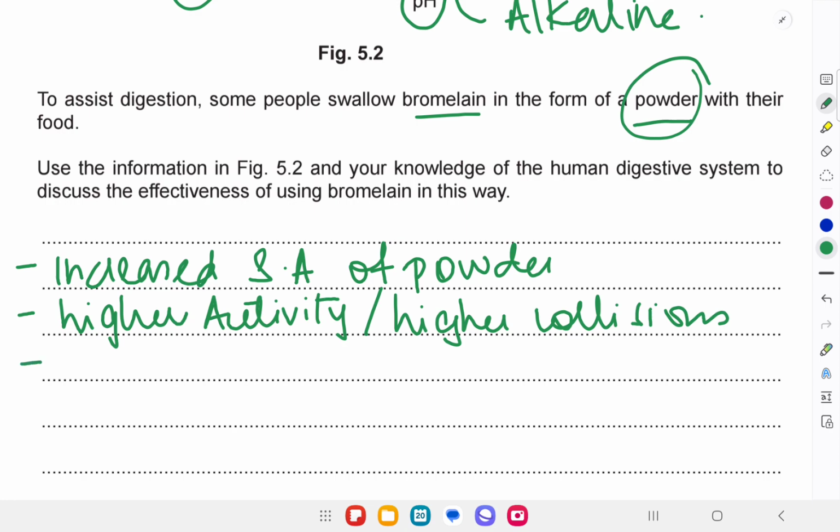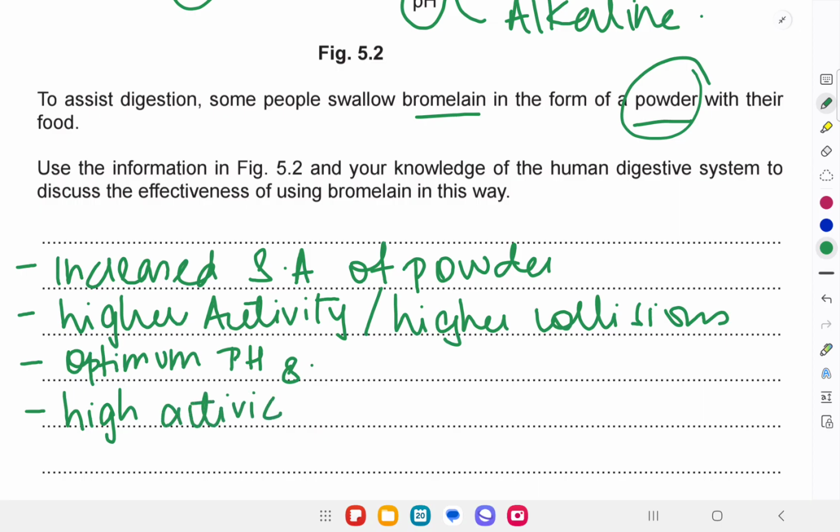The highest activity will be observed at pH 8. The activity is generally very high across all pH range.